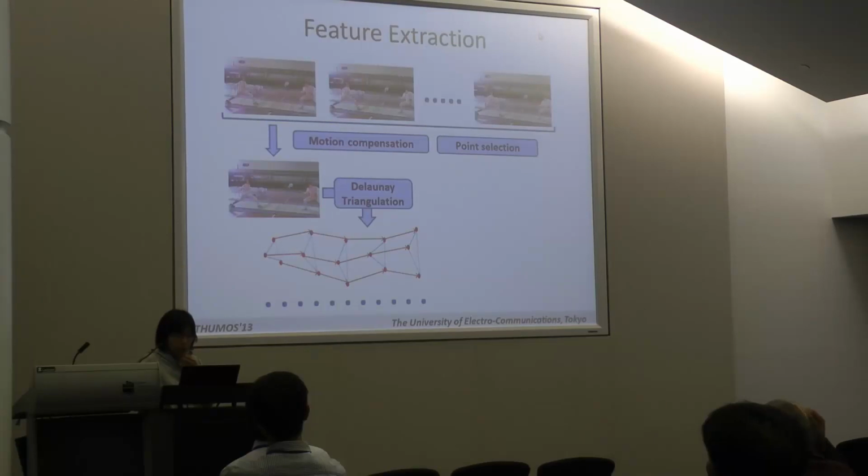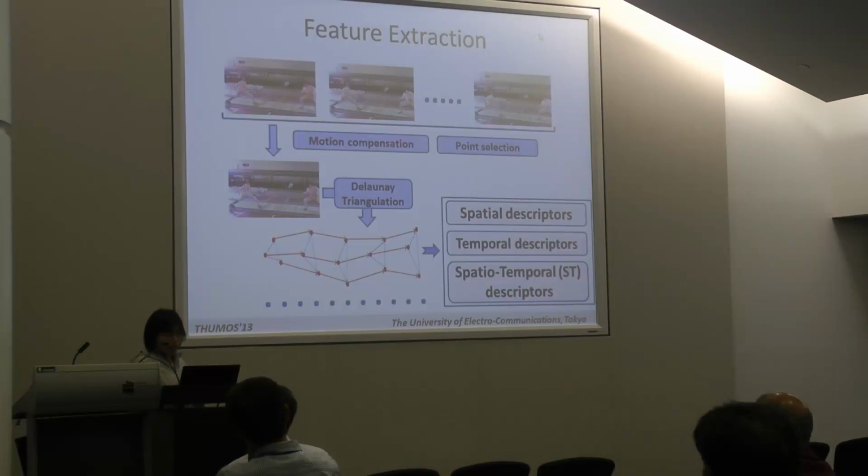After point selection, we apply the Delaunay triangulation to the selected points and obtain some triangles. Then we extract from each triangle spatial descriptors, temporal descriptors, and spatio-temporal descriptors, and concatenate them one by one to obtain our proposed feature.